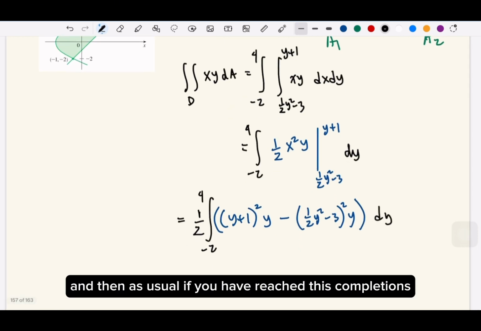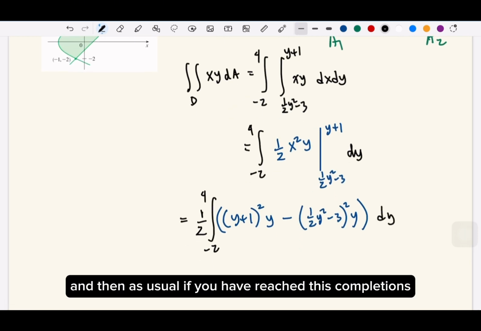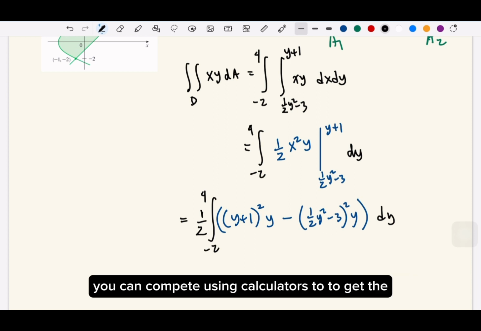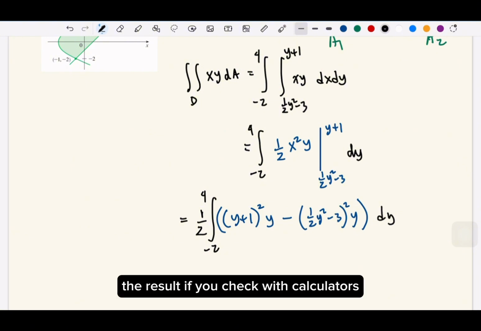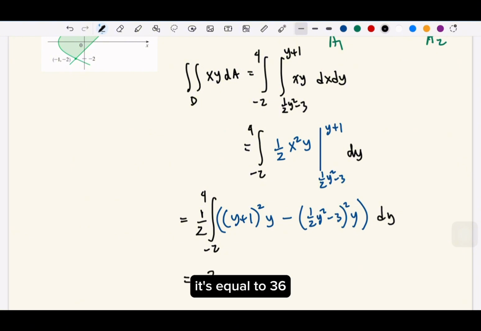And then, as usual, you can compute using calculators to get the result. If you check with calculators, it's equal to 36.